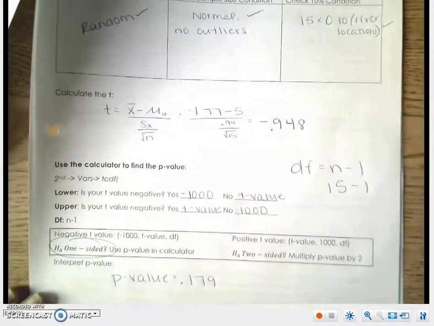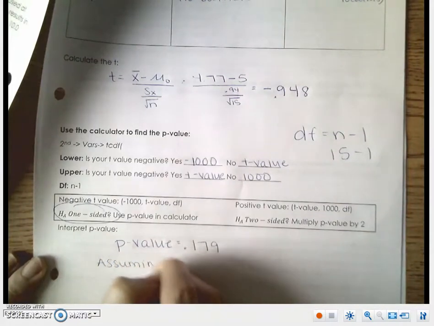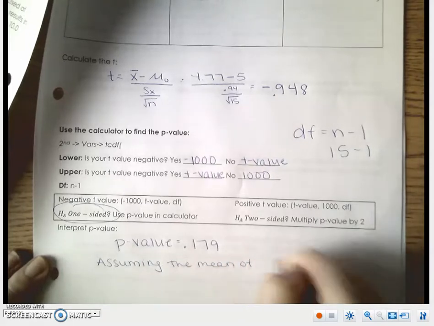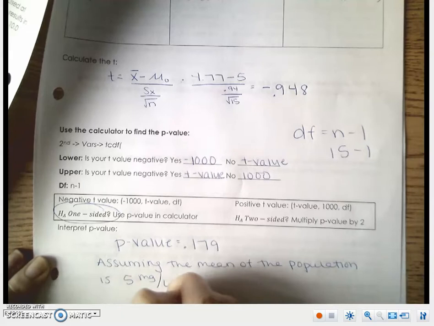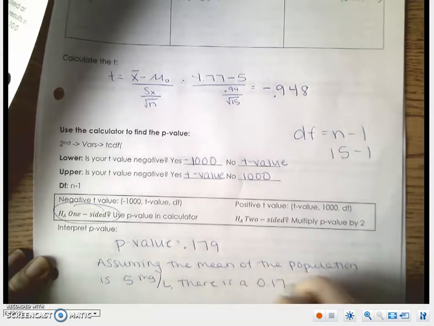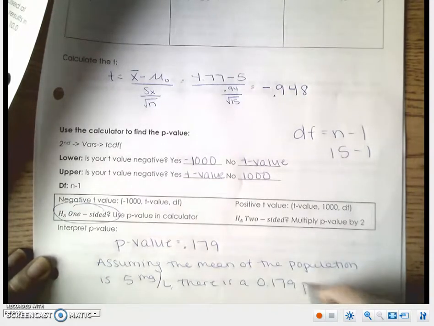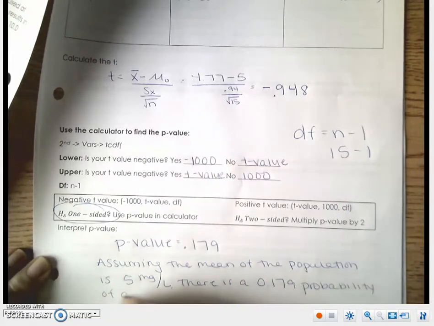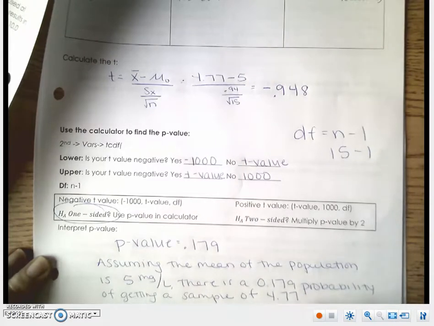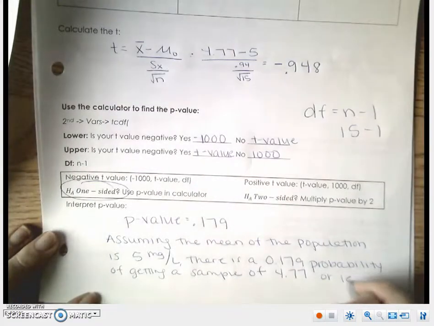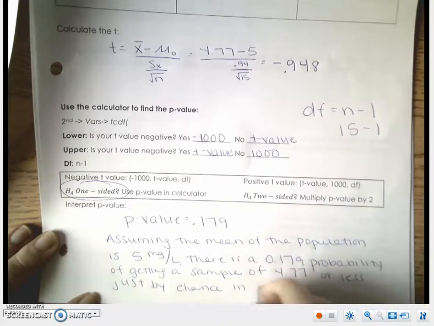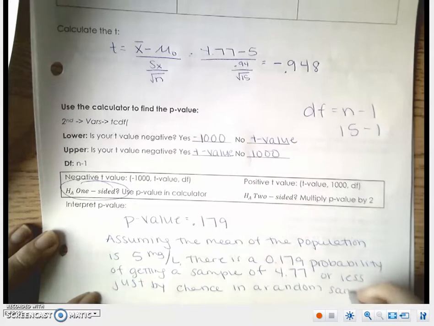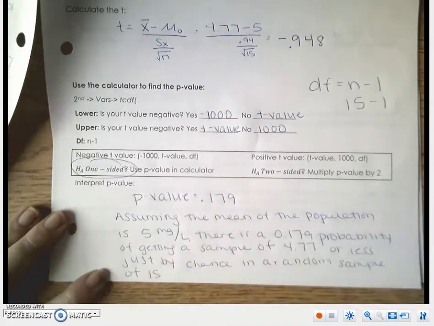We would say that assuming the mean of the population is 5 milligrams per liter, there is a 0.179 probability, our p-value, of getting a sample of 4.77, so our x bar, or less, just by chance in a random sample of 15. So that's a big probability.